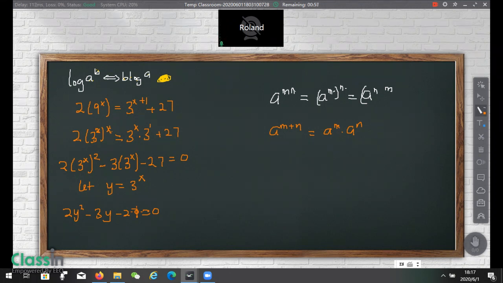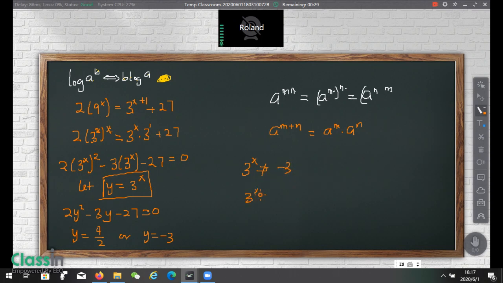We can use the formula. If you use the formula, we will get y equals 9 over 2, or y equals negative 3. This means 3 to the power x cannot be negative 3.